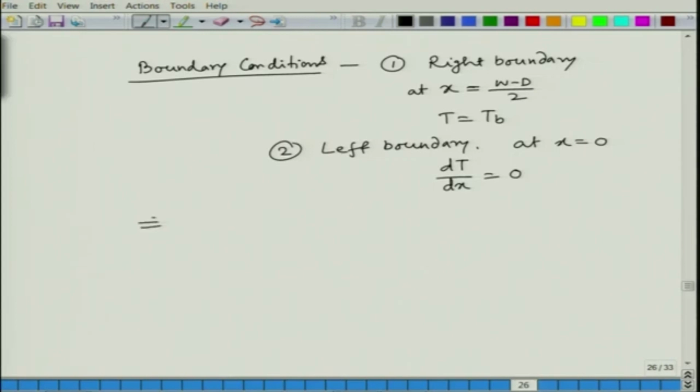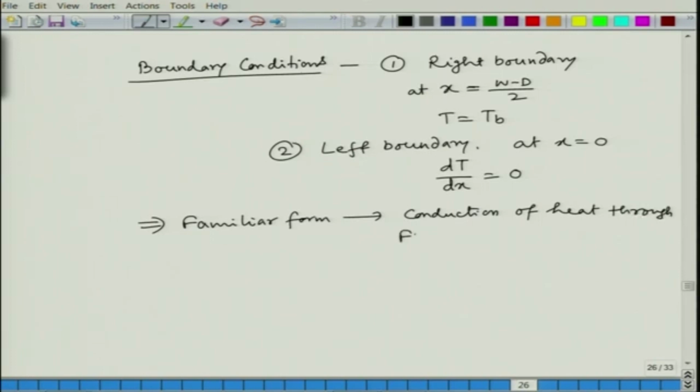Now, as I was telling you, this is a familiar form of equation. Where did you see it? You have seen it in the conduction of heat through a fin, in your UG conduction heat transfer course.